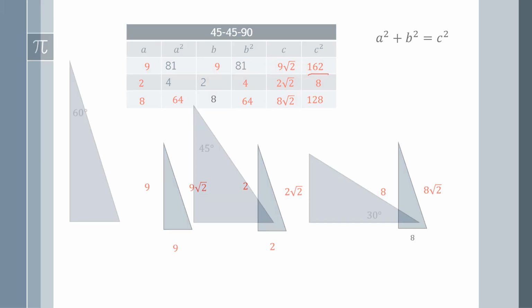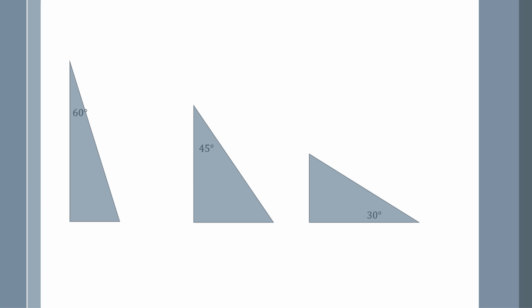Just like that. All right, these triangles that you are dealing with, the 45 degree triangle, and the 30/60 is going to be split up because the 30 degree triangle is going to have the longest leg in the x, but the 60 degree triangle, its longest leg is going to be in the y side of it.